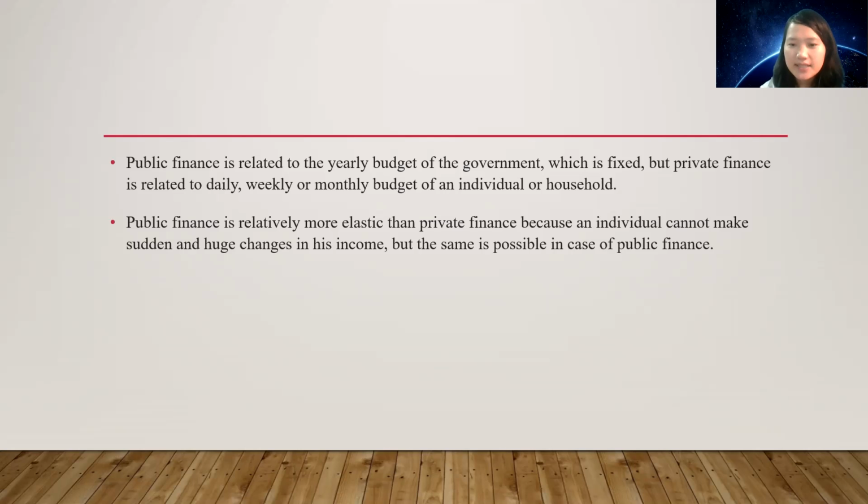Elastic means it is more likely to change, and inelastic means it does not change. In microeconomics we have price elasticity, the relative change in demand due to the change in price. In the case of public finance also, it is relatively more elastic than private finance, because in private finance you cannot suddenly change your income, though you can change your expenditures.